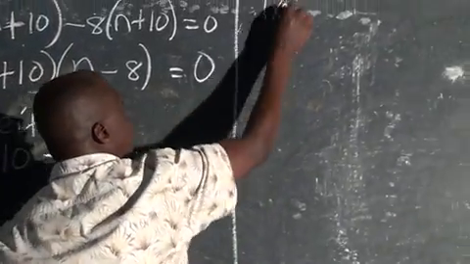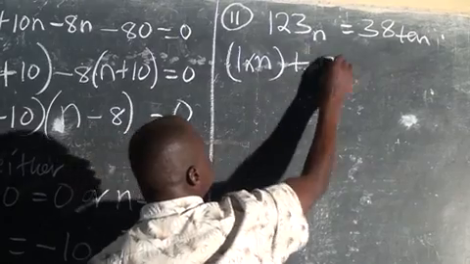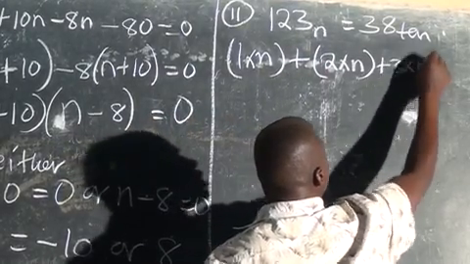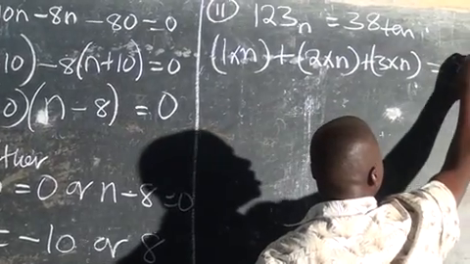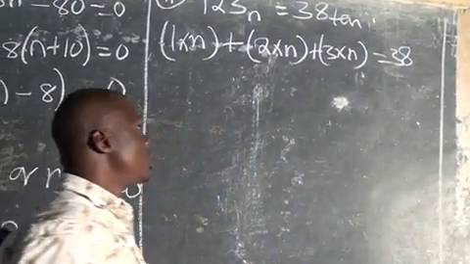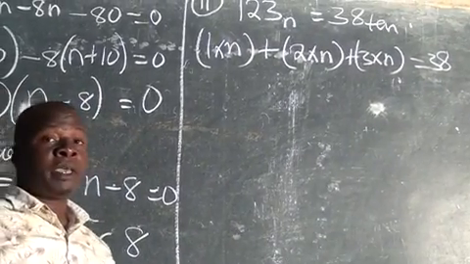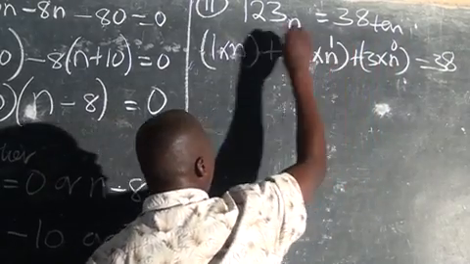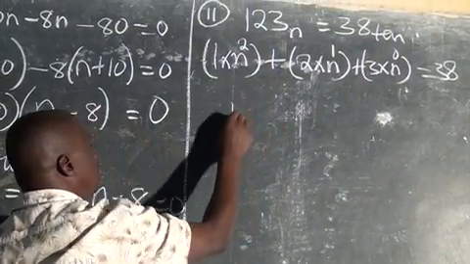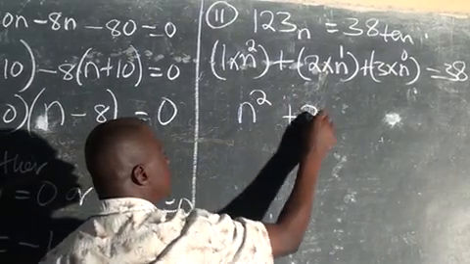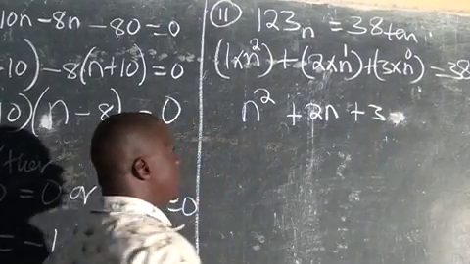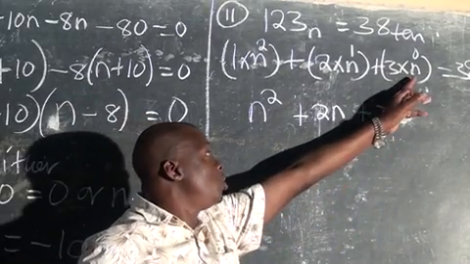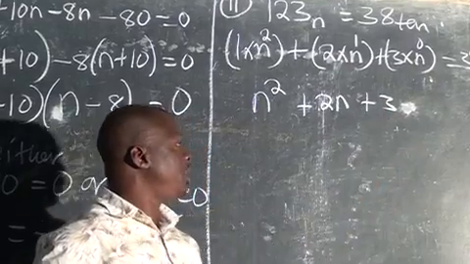This is 1 times n plus 2 times n plus 3 times n. The answer should be 38. We have a uniform base, that is base 10. But let us give the powers. So this is n squared plus 2n plus 3. Remember, any number to power 0 is 1. 1 times 3 gives 3.